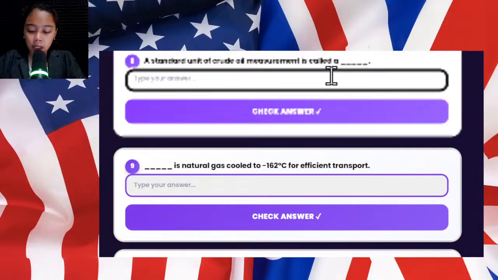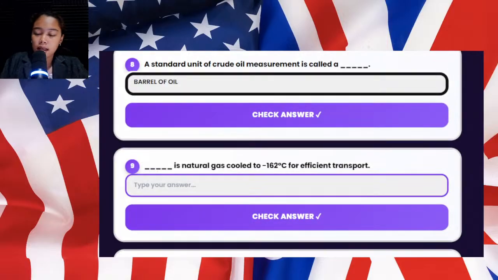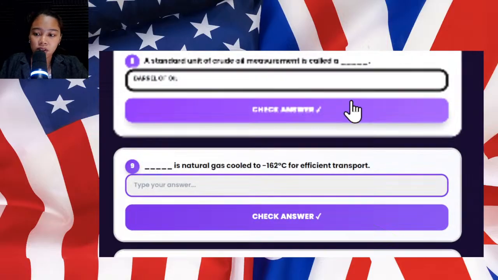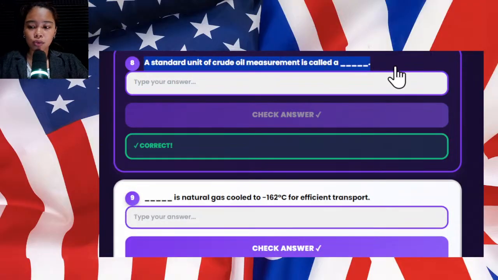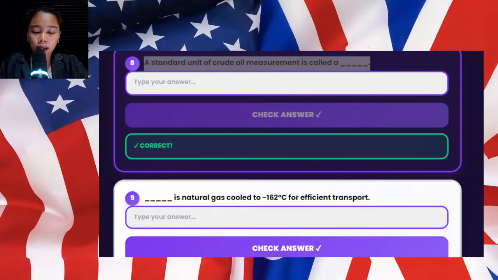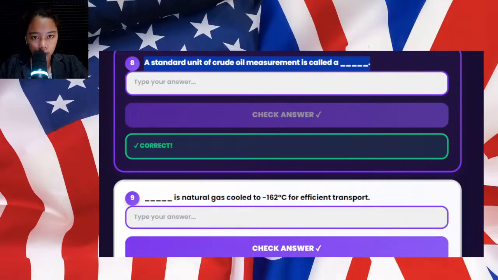Our answer here should be barrel of oil. So that is our answer, barrel of oil. Let's check it. Okay, that is correct. So basically, a standard unit of crude oil measurement is called a barrel of oil.